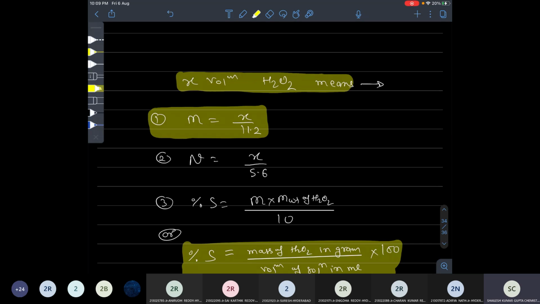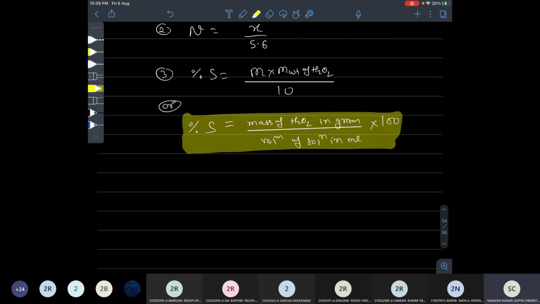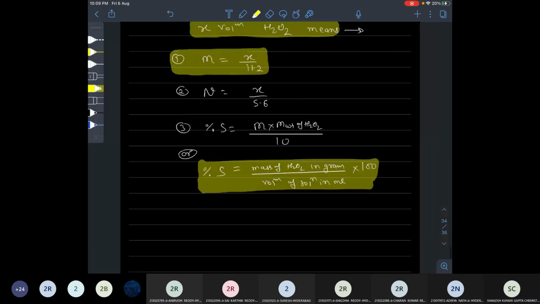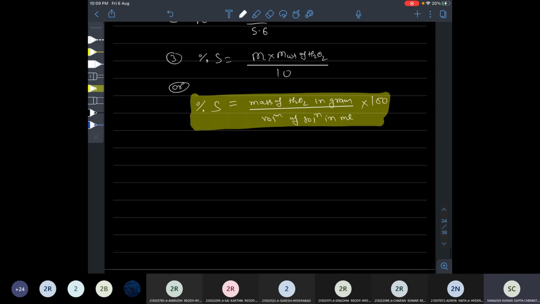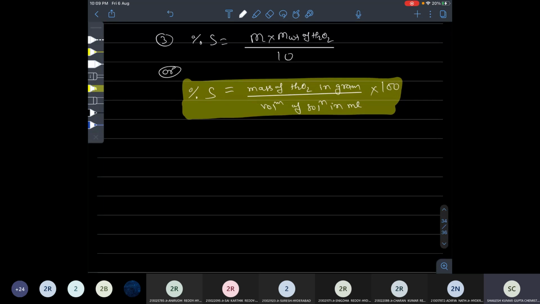Tomorrow, while discussion, please come to the class, everyone. Please attend the paper discussion also if it will happen. I will tell you the derivation of where this X upon 11.2 came from. Now, if you are interested, even now I can tell you. Basically, it is defined like this, that if 1 liter solution of H2O2 is heated strongly.